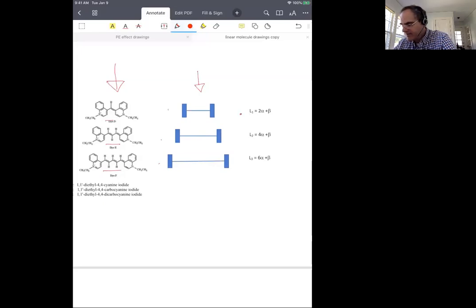For the first system, the length is 2 alpha plus beta, where alpha refers to the carbon-carbon bond length, and beta refers to the extra length that's introduced by the end groups.